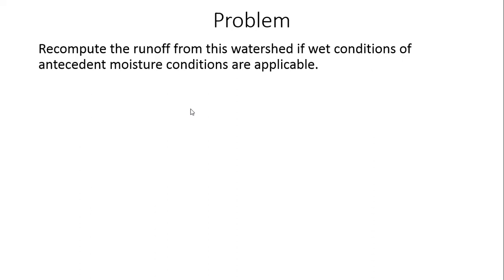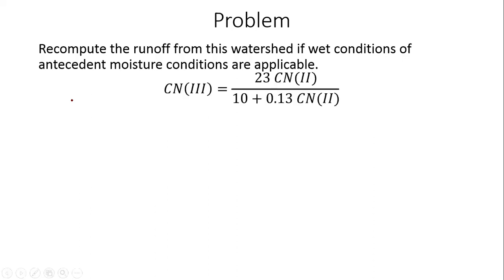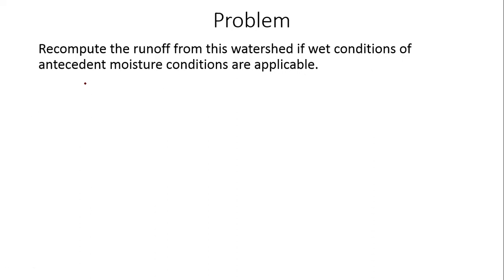Okay, so there are 2 possibilities. PE for wet conditions is less than PE for normal, or PE for wet conditions will be greater than PE for normal. Okay, so now maybe Bittu, can you tell us why you think it will be the first case?